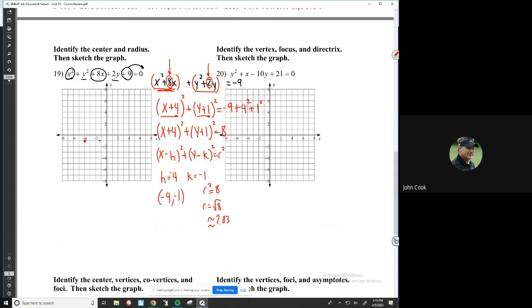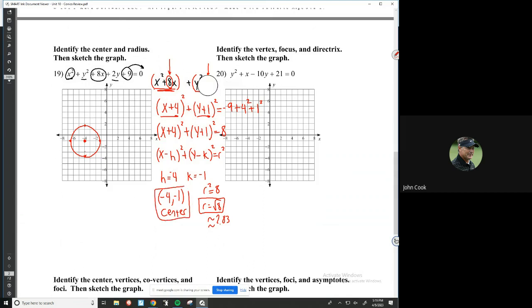To the right by 2.83, to the left by 2.83, up by 2.83, and then down by 2.83 right there. Okay, and then we just connect the dots and make your best circle that you can. There you go, there's my graph. Center and radius. That's everything that they asked for.